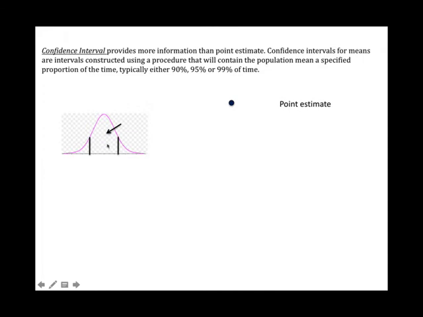I use that 90% to construct the confidence interval, so this is going to be my confidence interval. You can see that it is a range of values, and the dot here also represents the point estimate, which is your sample mean. So a 90% confidence interval looks like this.